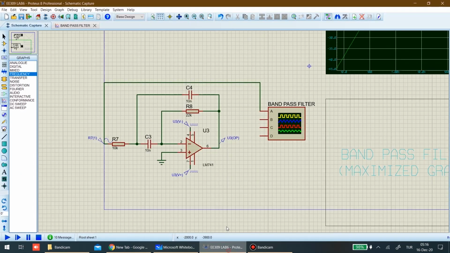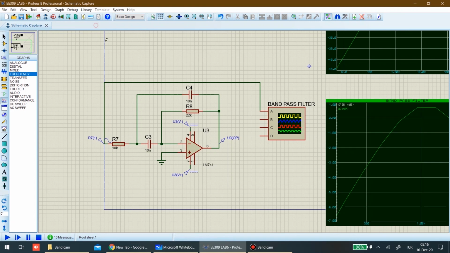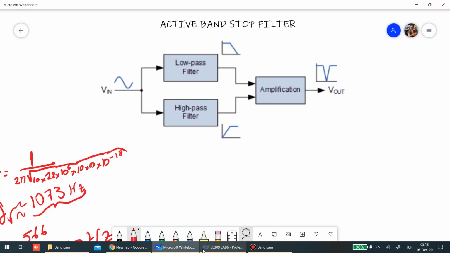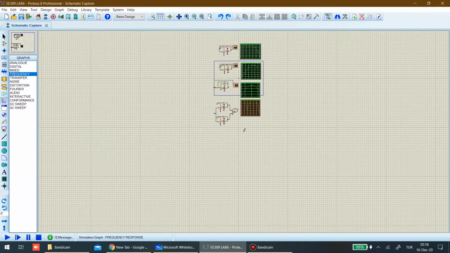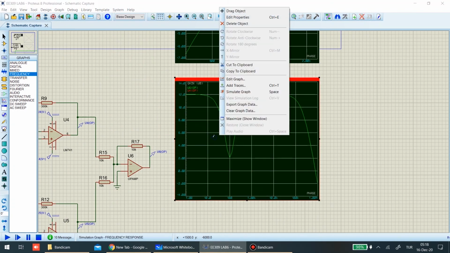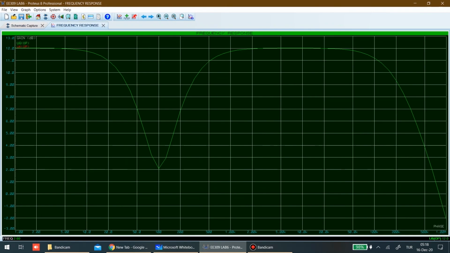Here's the example. Here's the result. It will reject a certain frequency, which is 100 Hertz.